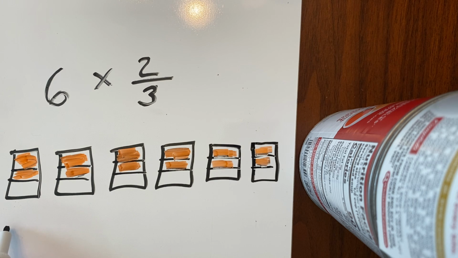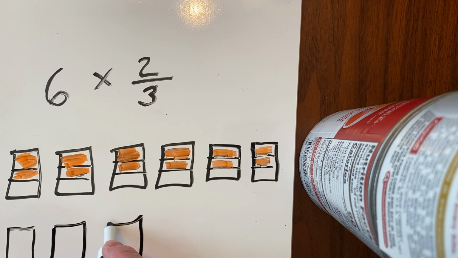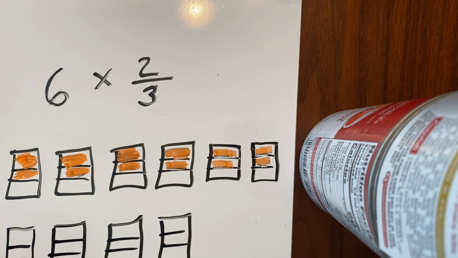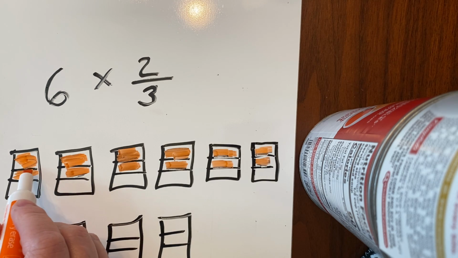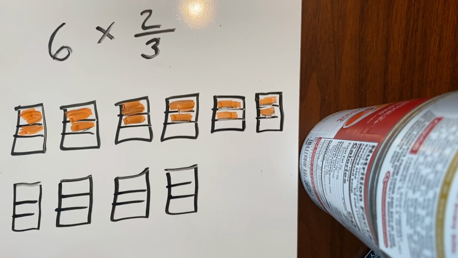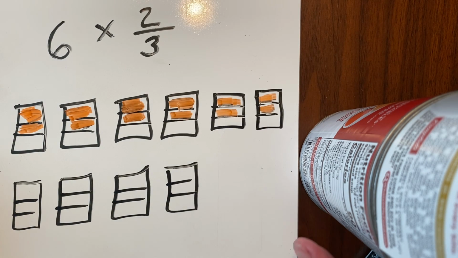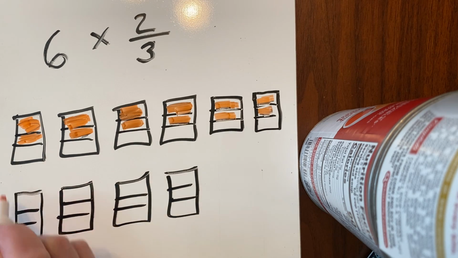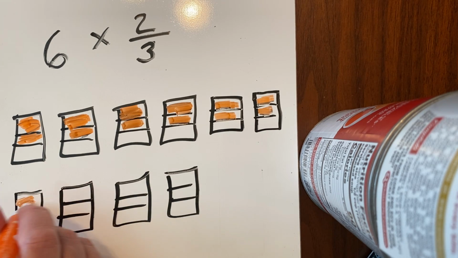And I'm going to put them into each of these single blocks like this. And remember that these are divided into thirds again. And so these two right here are going to go down here.